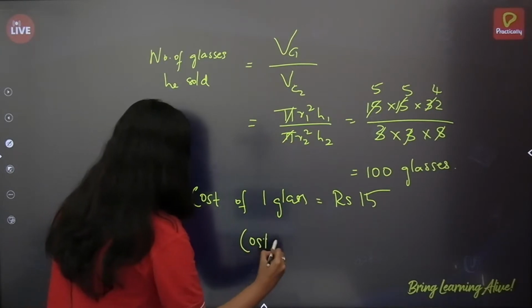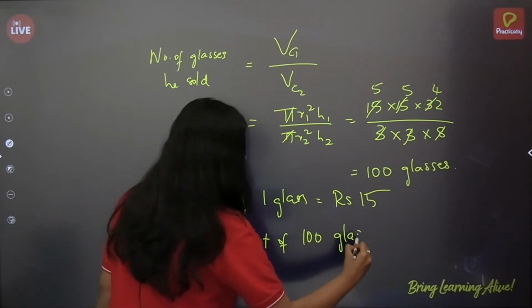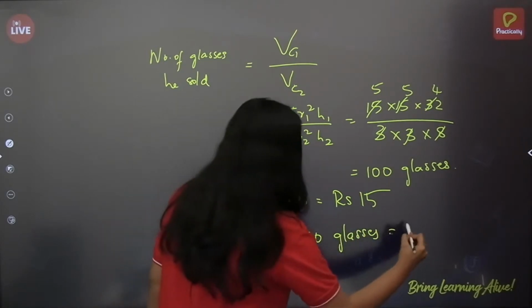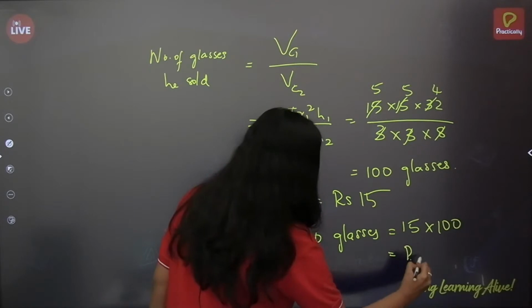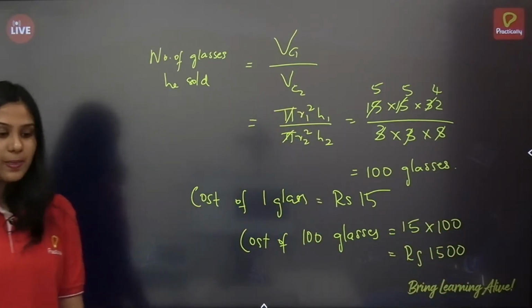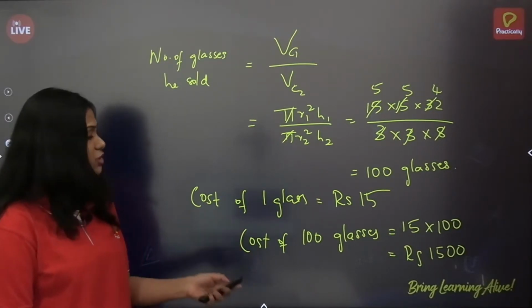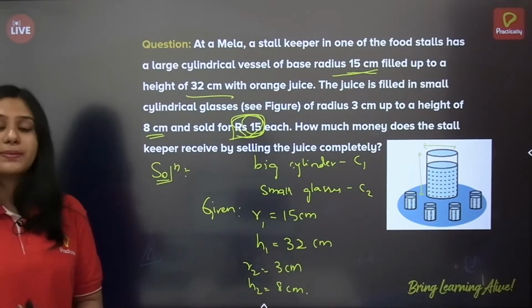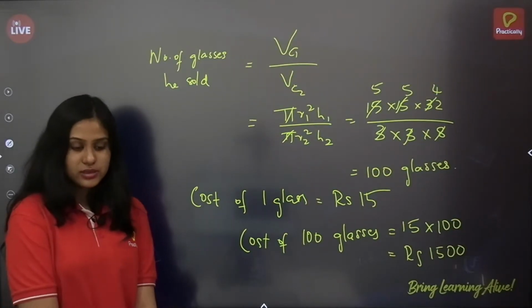Cost of 100 glasses is equal to 15 into 100, that is rupees 1500. Right? So, this is the answer. So, how much money does he receive by selling the juice completely? He receives rupees 1500. Okay?